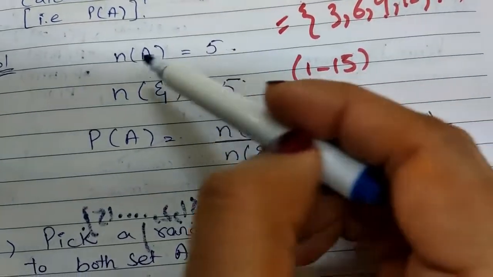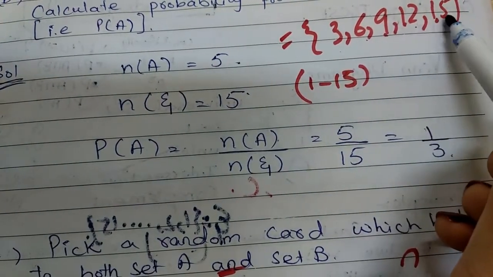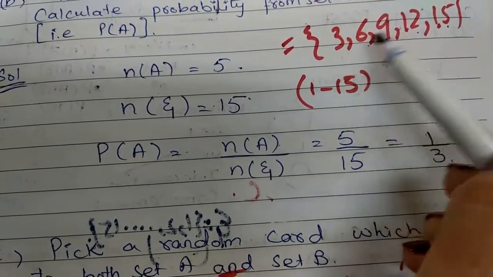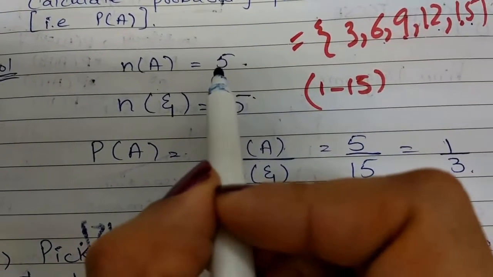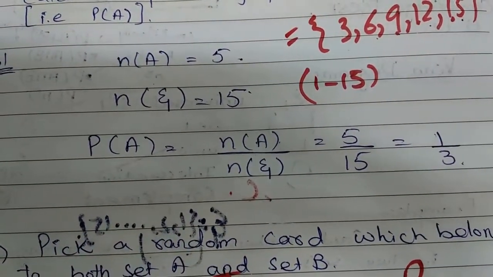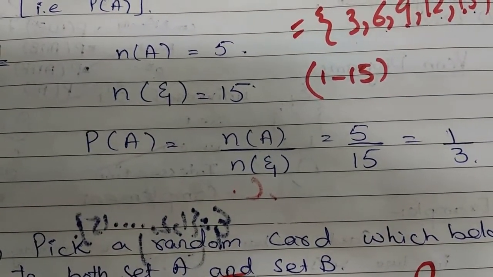The number of elements is 1, 2, 3, 4, 5, because these are the multiples of 3. So the number of elements is 5, and applying the formula you get the answer 1 by 3.